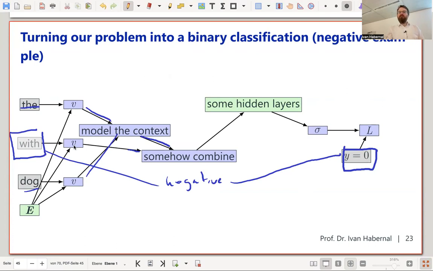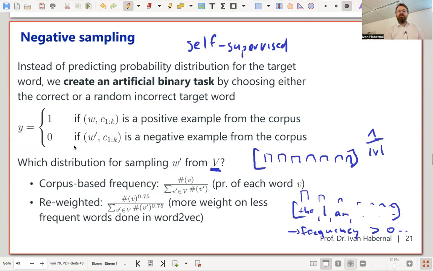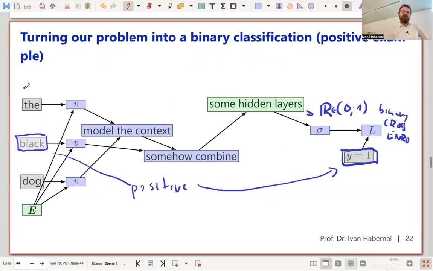Empirically it's been shown, like with this sampling and frequencies. There is some rewriting here in word2vec. If your target word is a frequent word, the chances you sample another frequent word are high, but obviously it's not a bad thing.